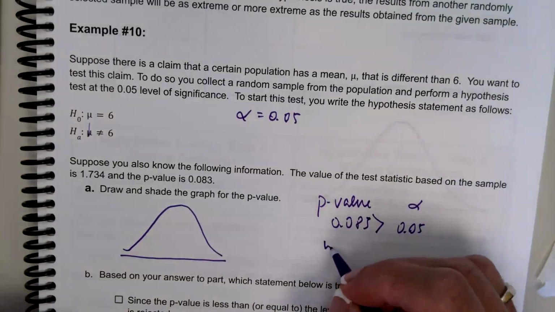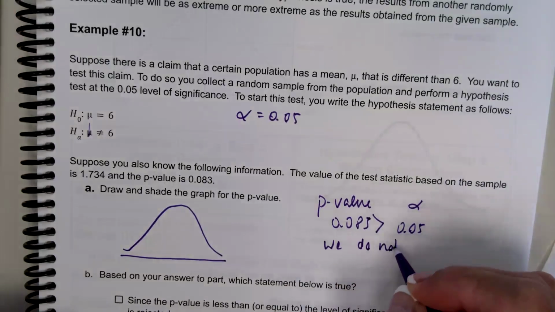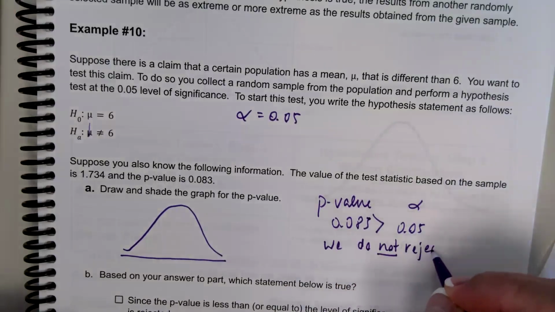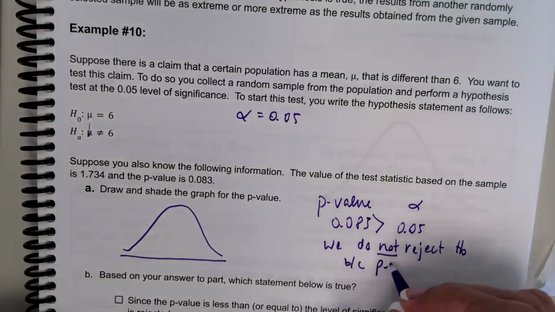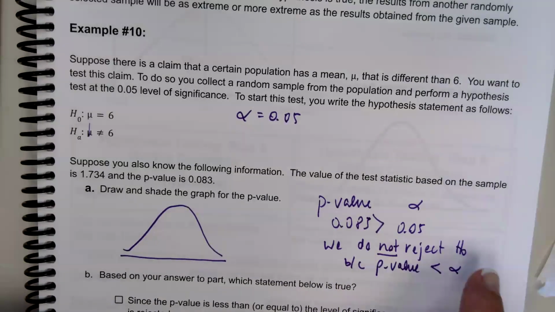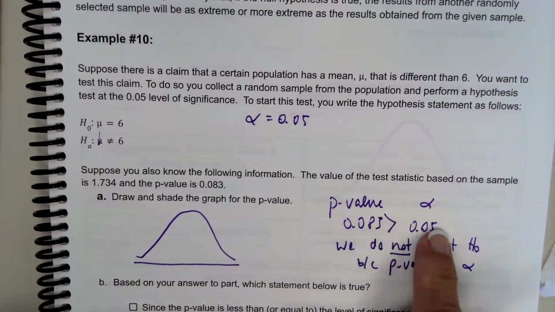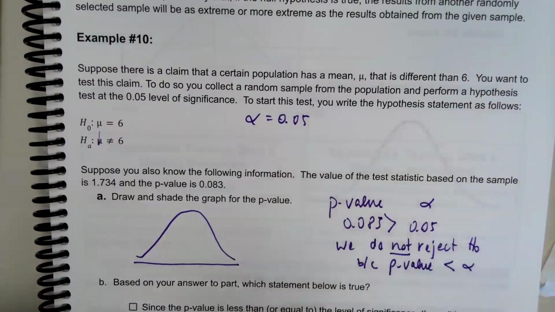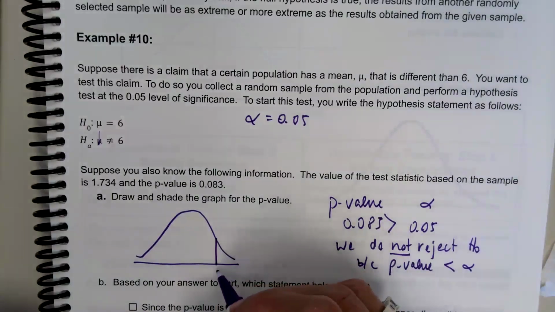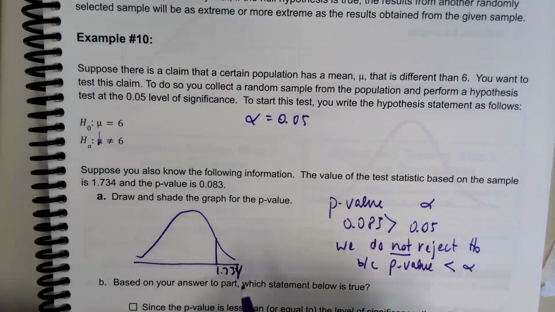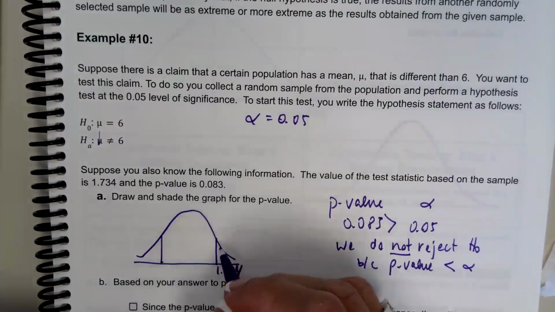So we do not reject H0 because the p-value is greater than alpha. We only reject if our p-value is less than alpha. That's if you're going to use the p-value method, that's always what you're looking for. If your p-value is less than alpha, you reject no matter what. And then our test statistic is 1.734. And this would be a two-tailed test here.